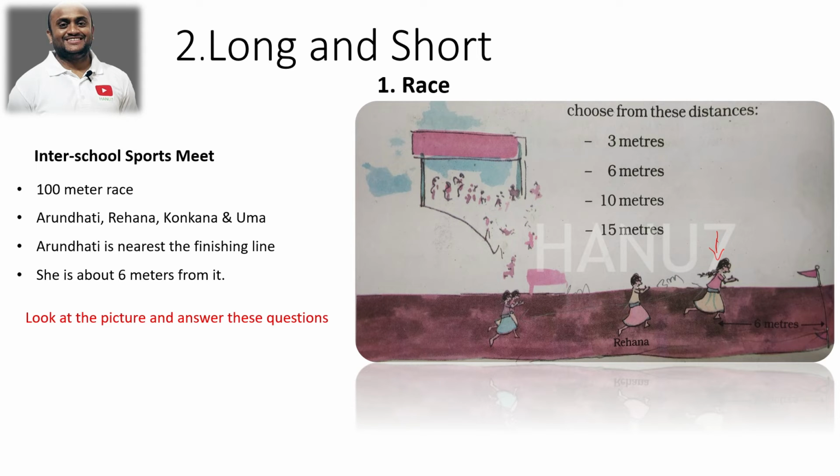Now look at the picture and answer these questions. The first question is, how far is Rahana from Arundhati? You have to choose only from these values: 3 meters, 6 meters, 10 meters and 15 meters. By looking at the picture, you have to guess, based on what we saw in slide number 1, what could be the distance between these two.